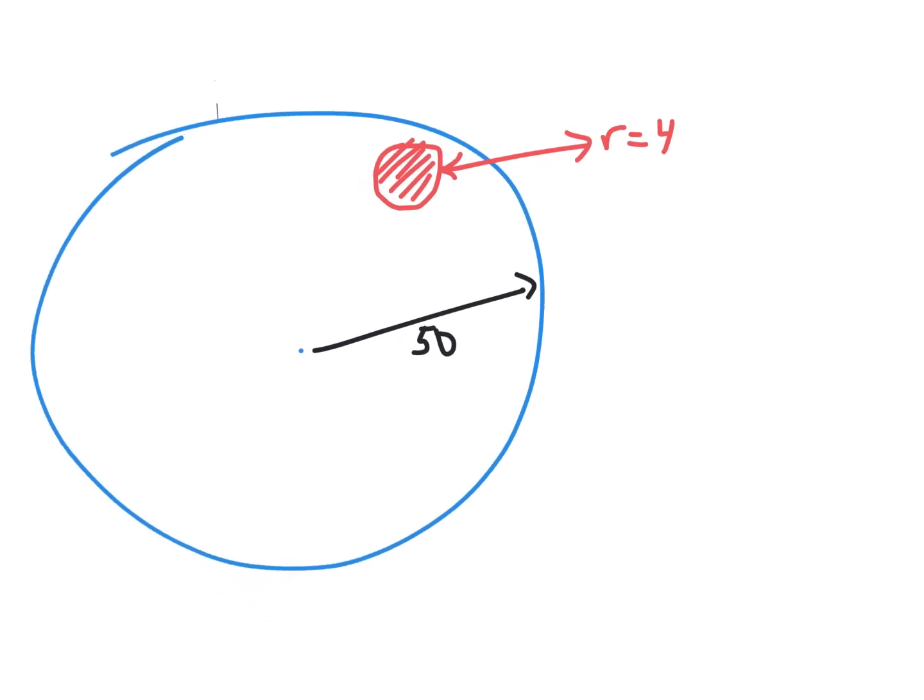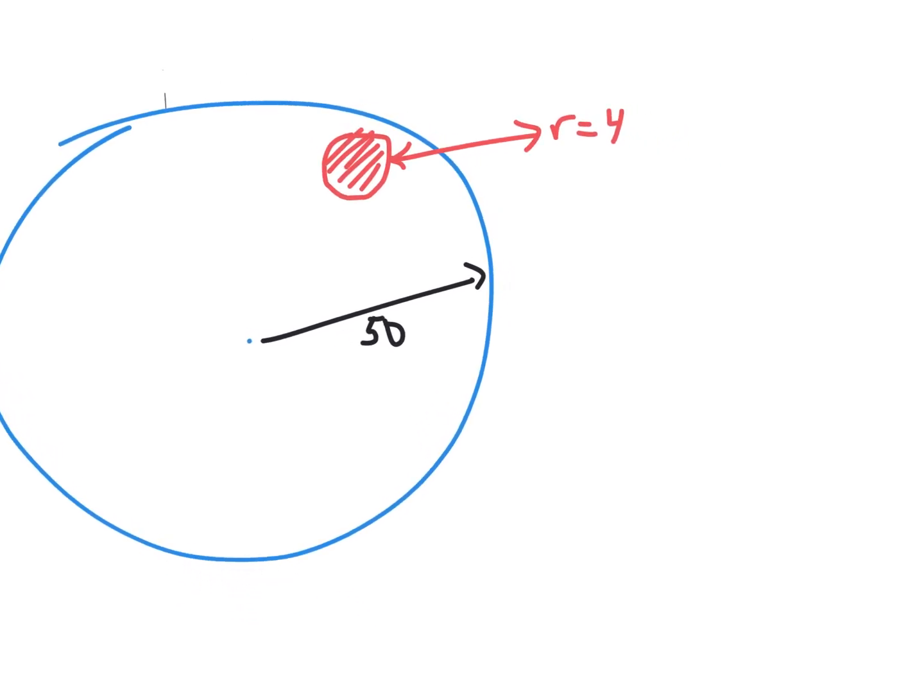What's the probability I'm going to hit that spot? Remember, the probability is always what you want over what's possible. If you forgot, somebody tell me, what's the formula for area of a circle again? Pi r squared. I'm going to pause while you figure this one out.